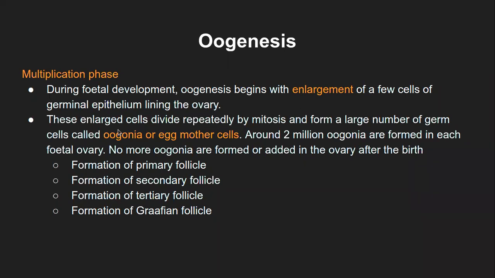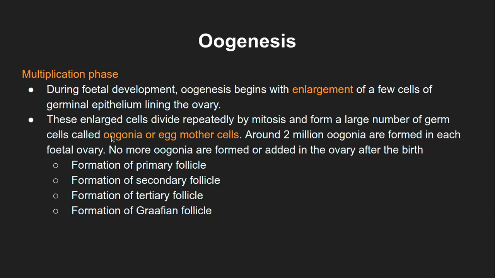Remember, this is the multiplication phase. So these germinal epithelium cells, which are enlarged, will divide by mitosis. That means the copies have to be exactly identical to the original cells and form a large number of germ cells, and that is what is called oogonia.